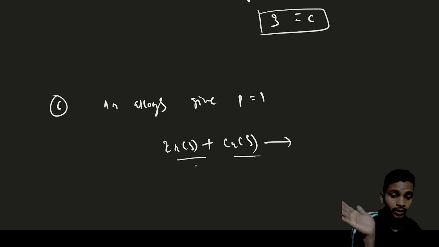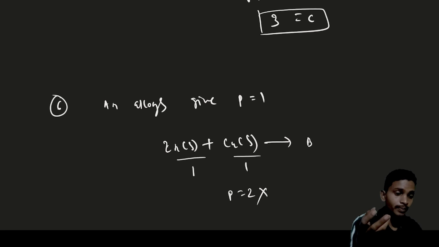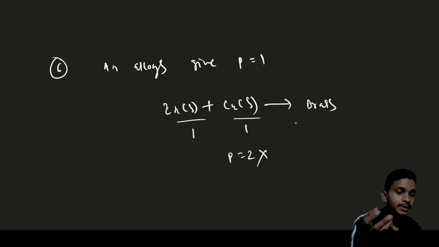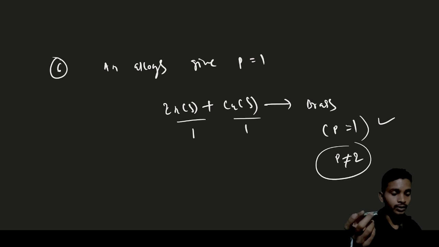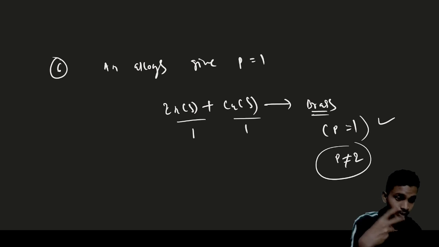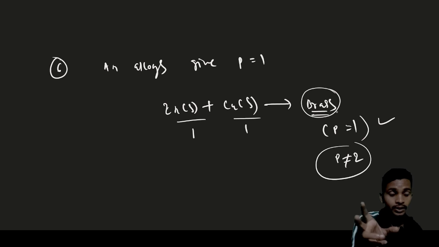So according to rule 1, this would be given one pH and that another, so pH equal to 2, but no. Why? Because these will form one alloy, brass, and this brass will give pH equal to 1. So if brass is forming, then it gives only one pH, because to the naked eye this brass looks the same. So this is a homogeneous mixture. You have to remember this.